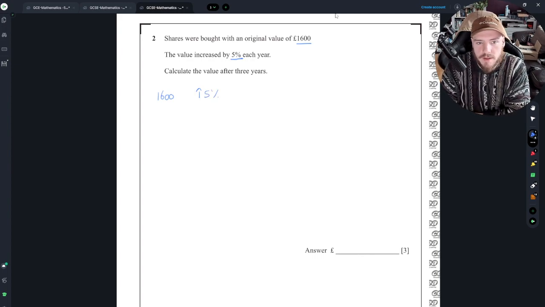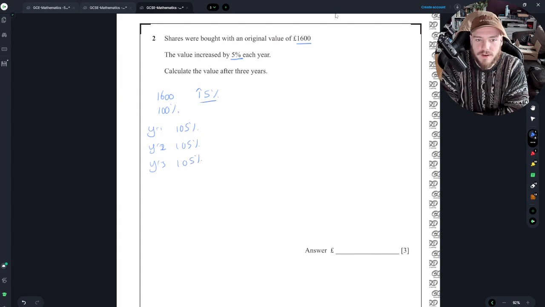If 1,600 is 100% of our value and it's increasing by 5%, then our new value in year 1, year 2 and year 3 will be 105% each year, as we have an increase of 5%.